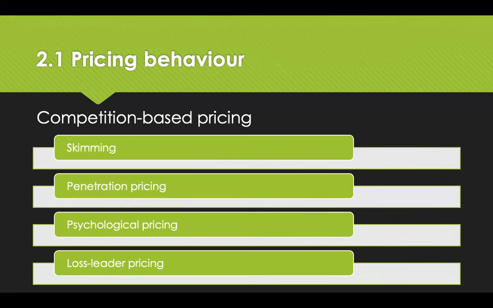Competition-based pricing considers the cost, the price, and the market's offering of the competitors. Skimming means the price of the product is set high in comparison with similar goods, then gradually reduced so an organisation can rapidly recover its cost by maximising its initial sales revenue.